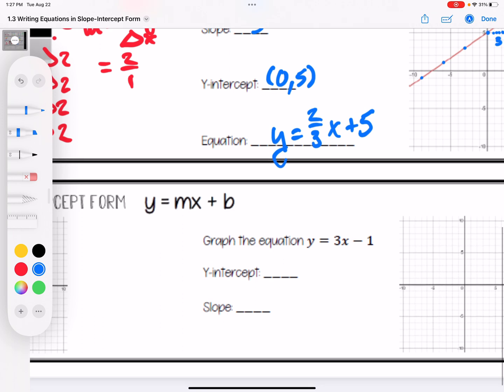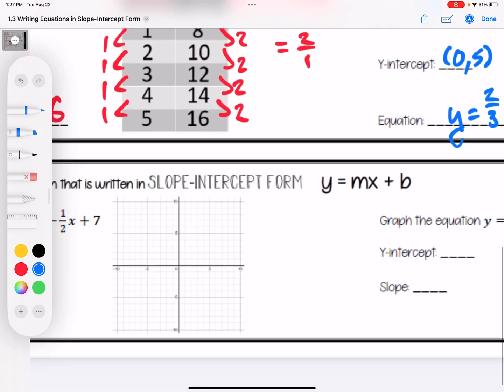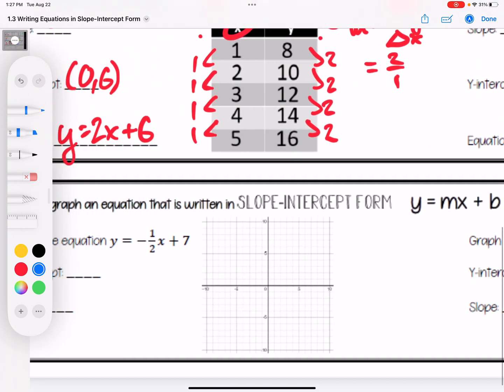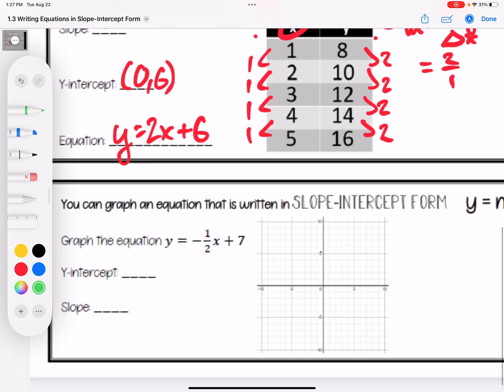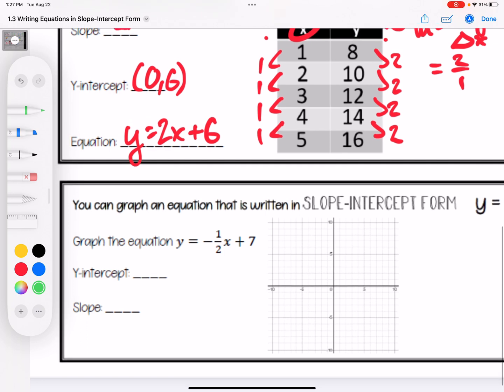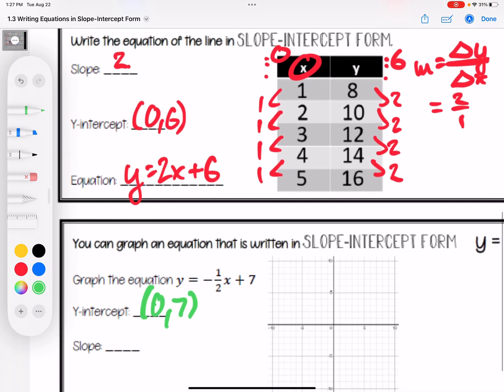Okay, now if we have, excuse me, my finger's not working to move this around. If we have the equation, then we should be able to generate the graph. Again, looking at the equation, my intercept is at 0, 7, and the slope is minus 1/2.